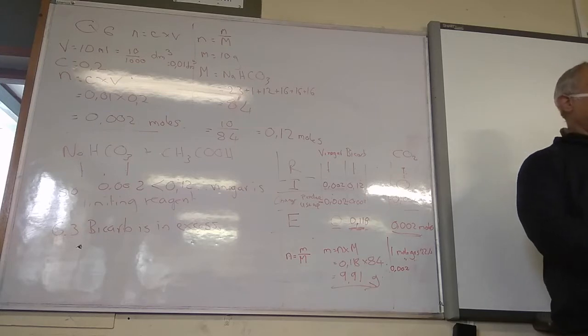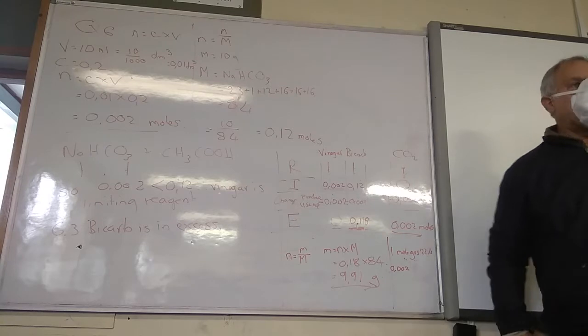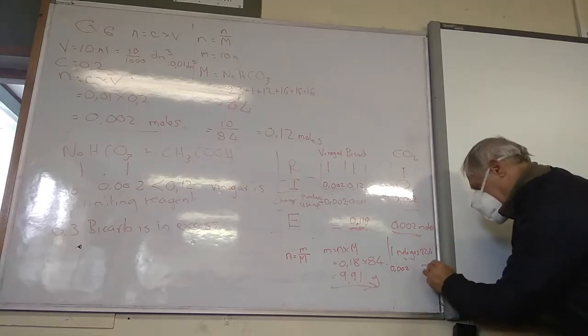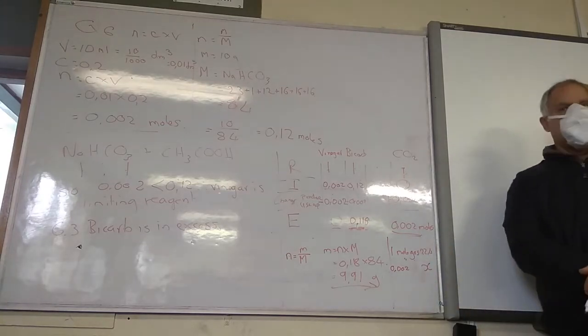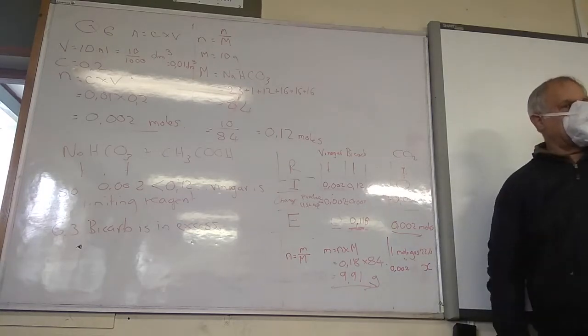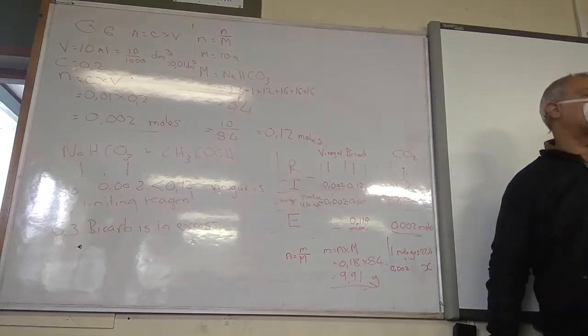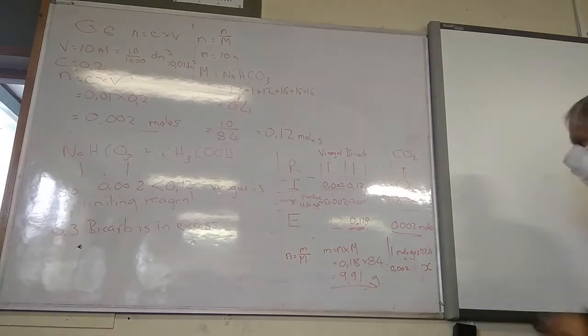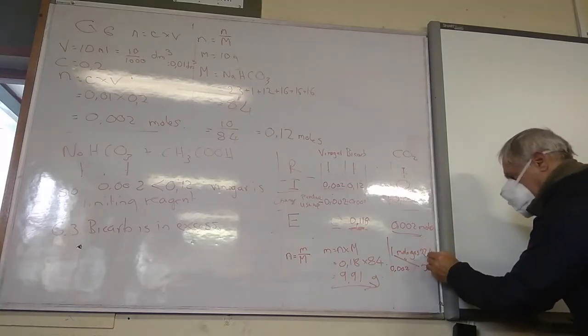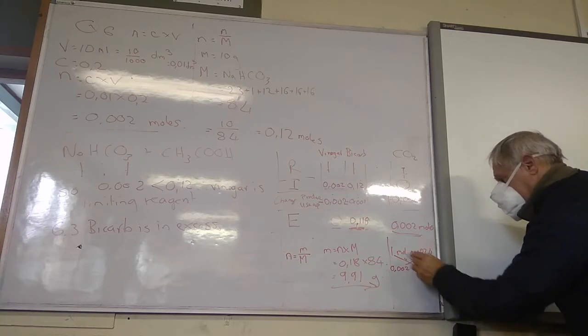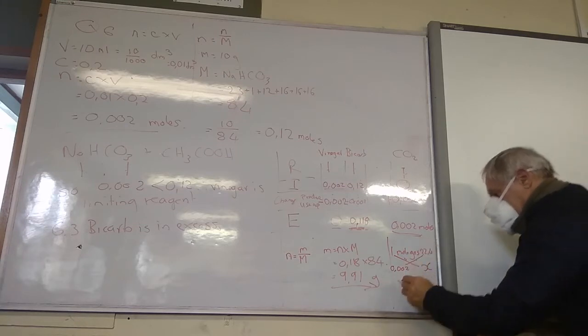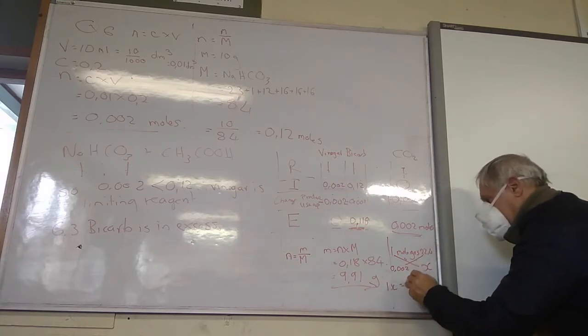Now, let's just call the amount X, shall we? I like this. Some girl taught me this last year, I think it was, at another school. This is how her teachers taught it. If you say 1 times X is always equal to that times that, you just cross multiply. So you say 1X equals 0,002 times 22,4.